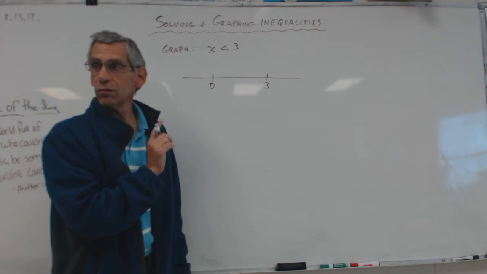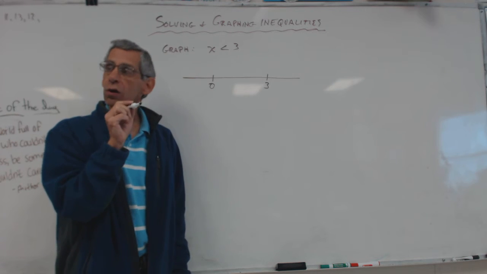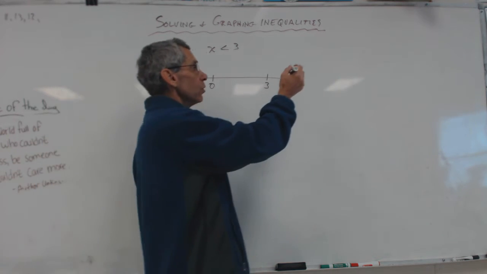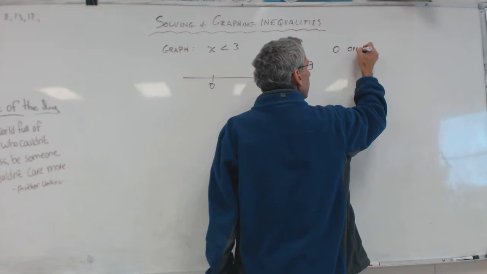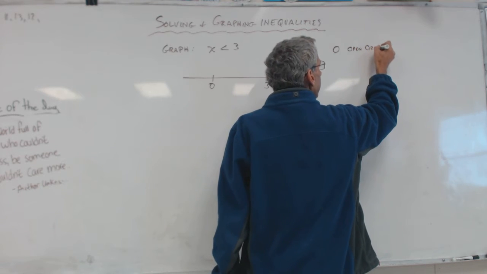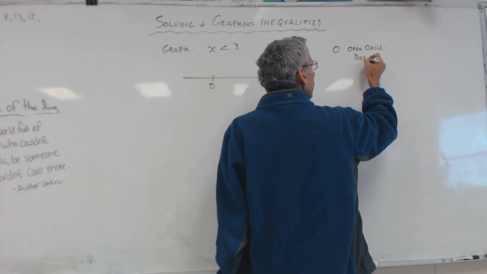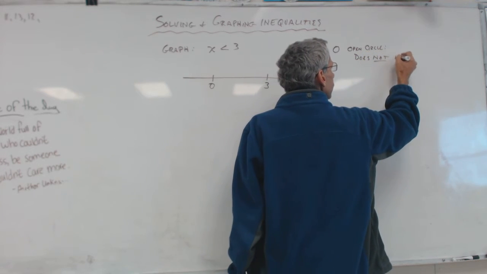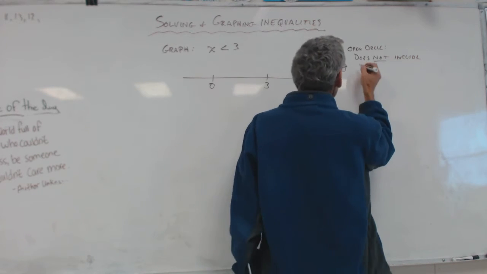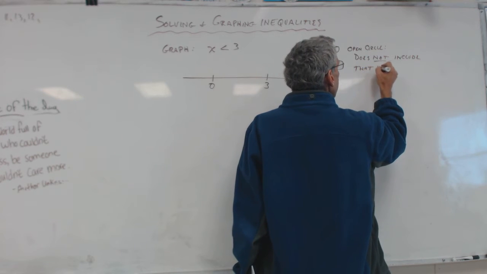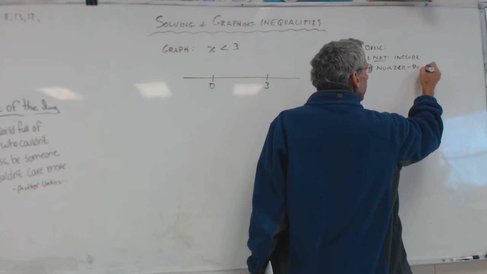So when you're graphing these, you have two possibilities. You put an open circle at 3, or you put a solid circle at 3. An open circle means it does not include that number.